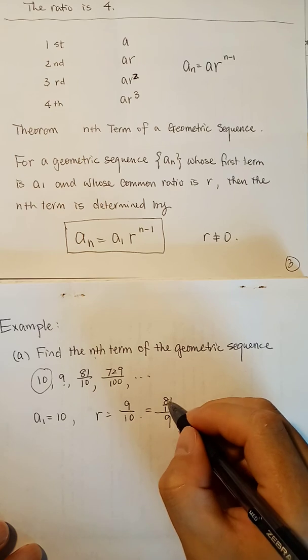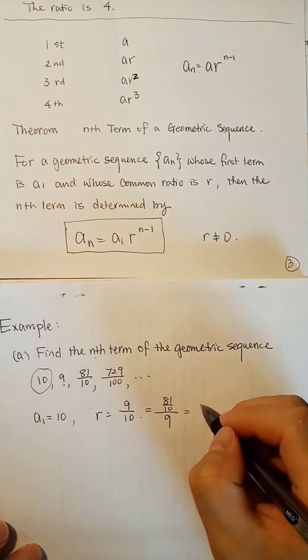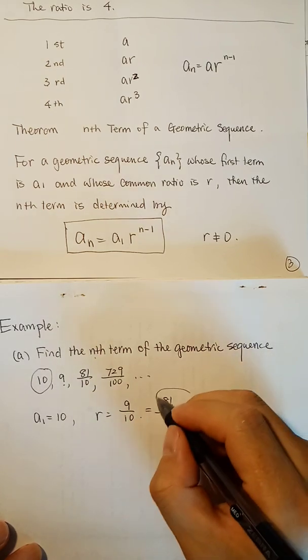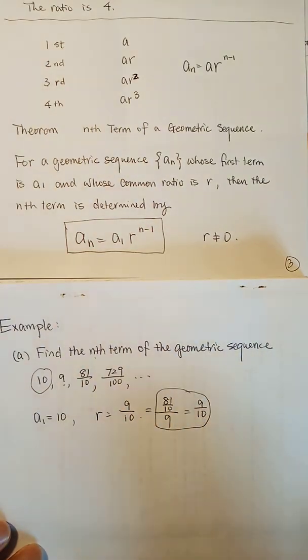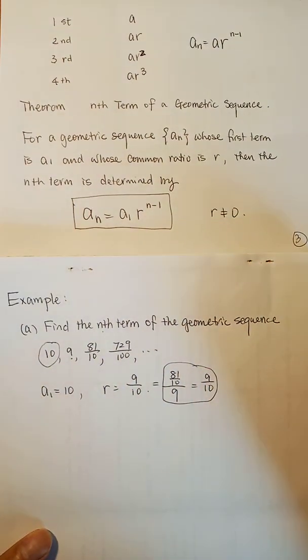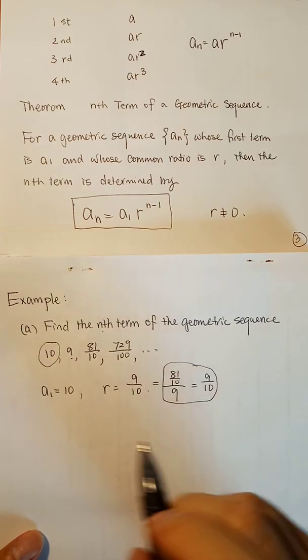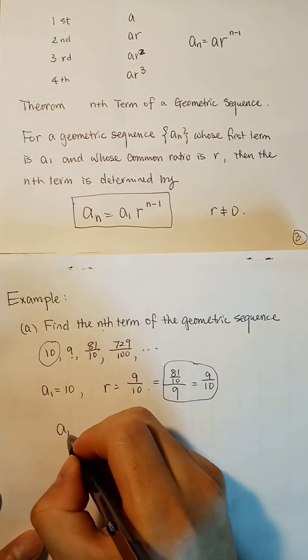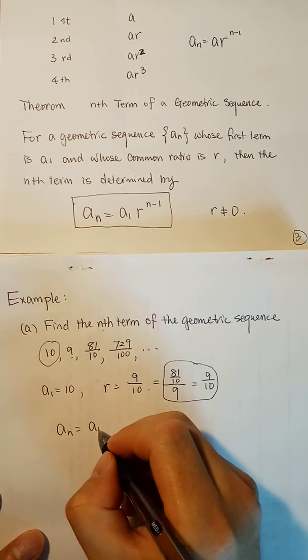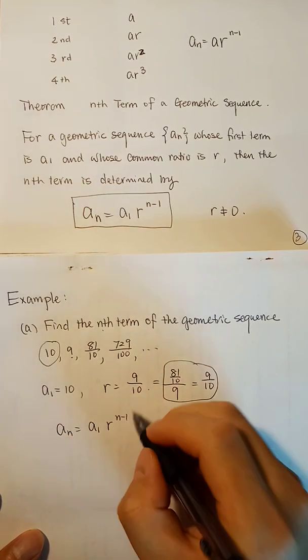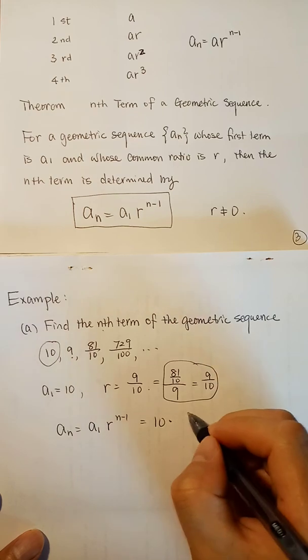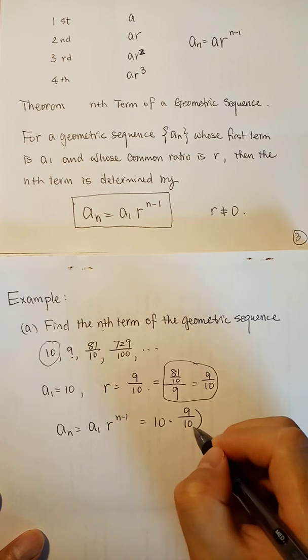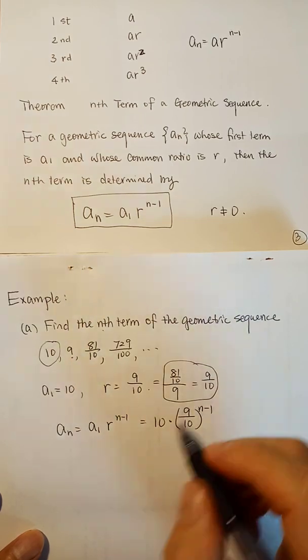You cancel 9 from the 81. It's also 9 over 10. The same thing. There's no difference if it is a geometric sequence. Okay, you have a initial term, common ratio. Then an is initial term times r to n minus 1. So it's 10 times 9 over 10 to power n minus 1.